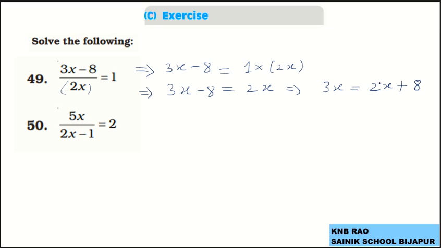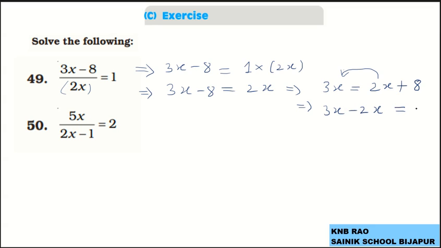Now, this 2x, when it is transposed to the left hand side, becomes a subtrahend. Since it is an addend on the right hand side, when it is transposed to the left hand side, it becomes a subtrahend.